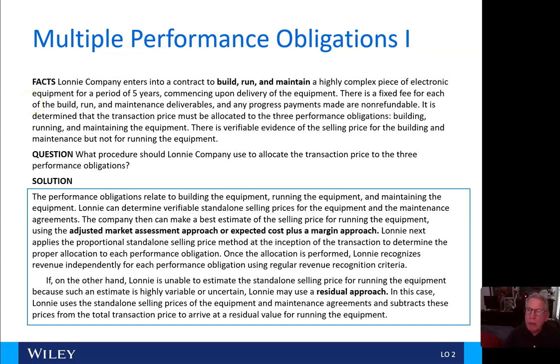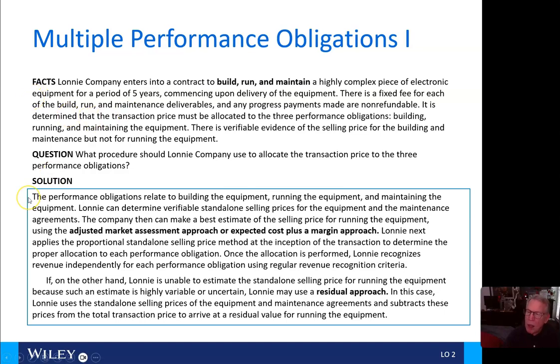It is determined that the transaction price must be allocated to the three performance obligations: building, running, and maintaining the equipment. There is verifiable evidence of the selling price for the building and maintenance, but not for running the equipment. So, what procedure should Lonnie Company use to allocate the transaction price to the three performance obligations?